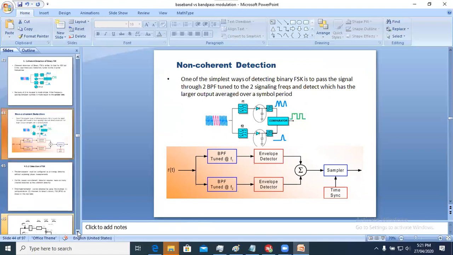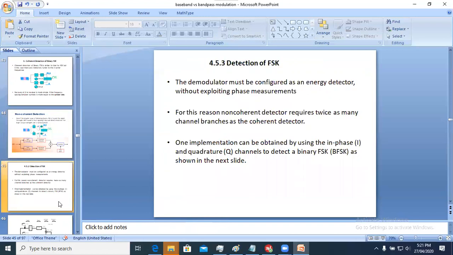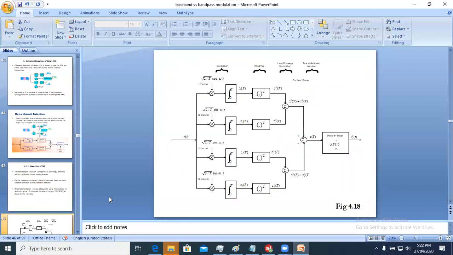But on the basis of energy, we can also detect the FSK signal, and we have to use the I and Q components. We calculate the energy of the I and Q components, sum up this energy, and go to the decision criteria.